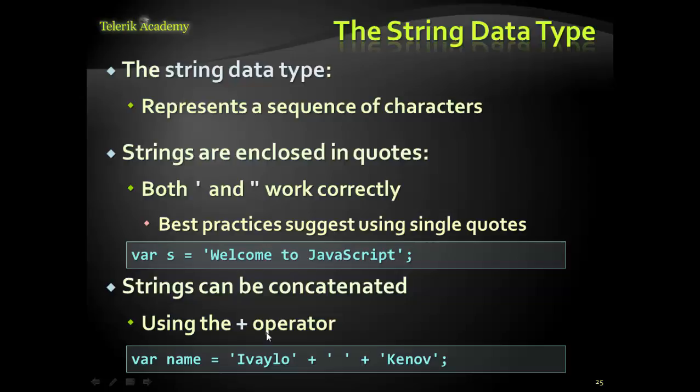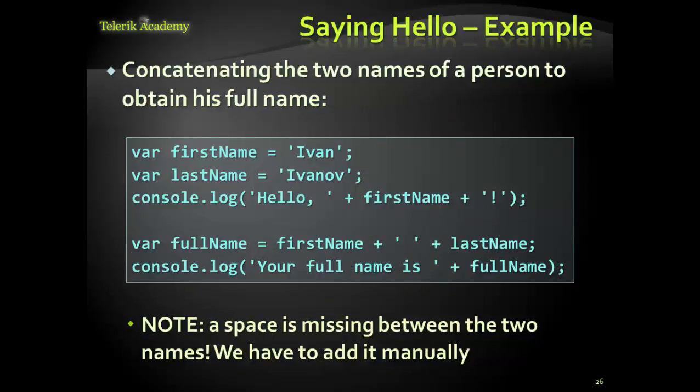JavaScript doesn't care. Concatenating strings is also a very easy thing to do. It's very difficult to see the bottom of the screen, but you just use the plus sign and you can concatenate strings into one longer string. What we see here is absolutely nothing new to what I just said.